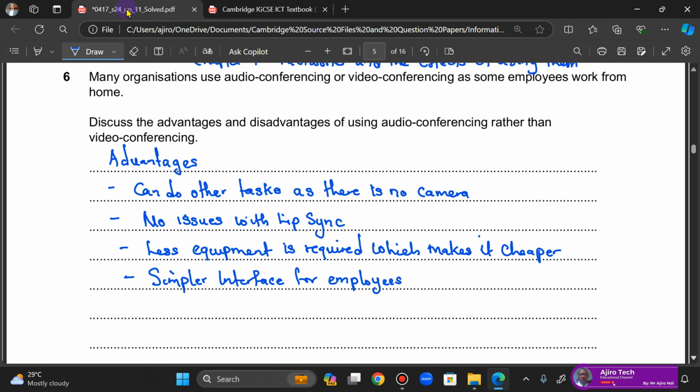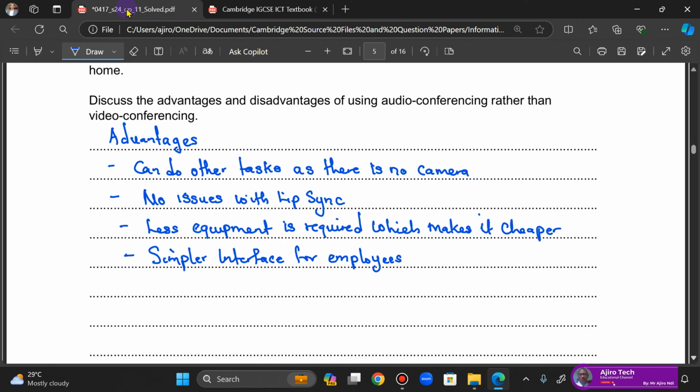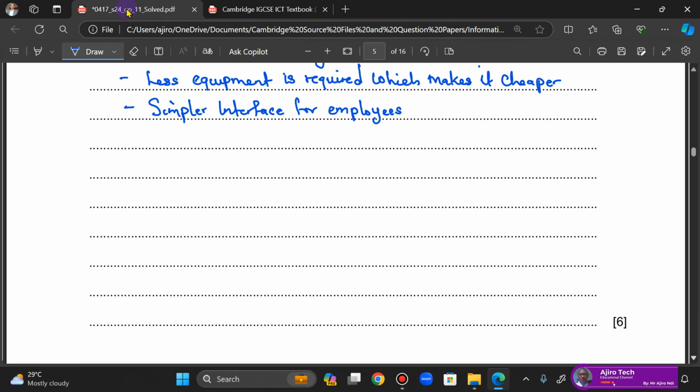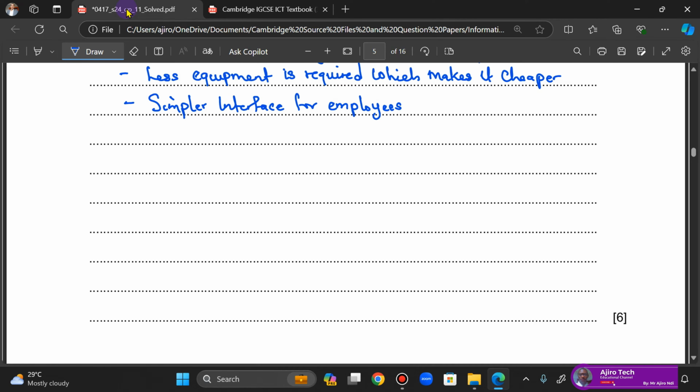Okay, so let's look at disadvantages. One thing I want to talk about is when people are communicating or making a point. Since it's audio, can you see body language? No, you cannot see the body language of the people in the conference.